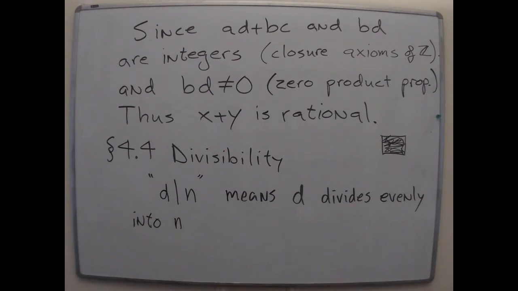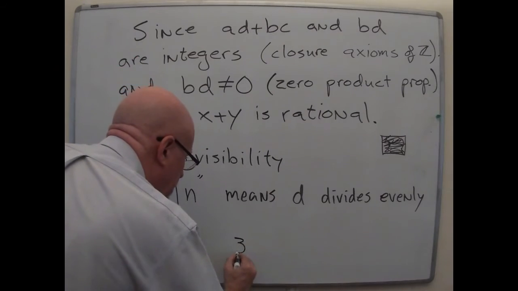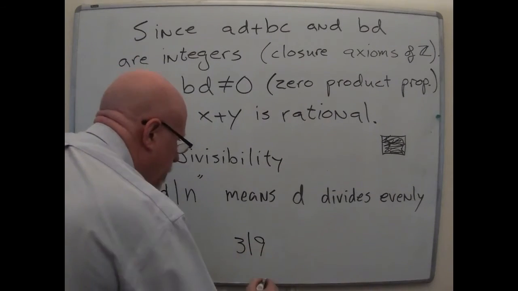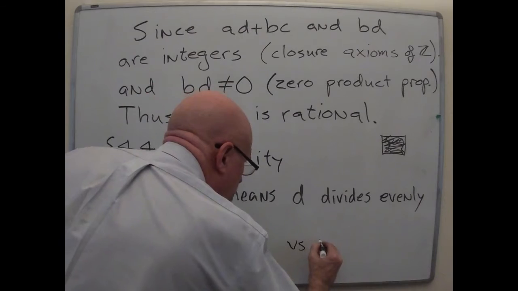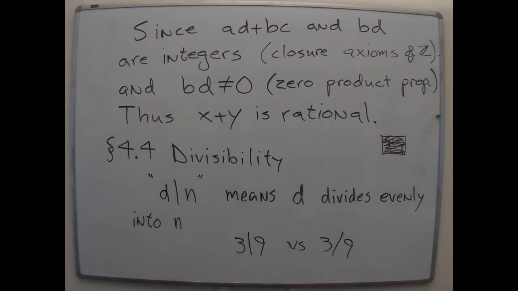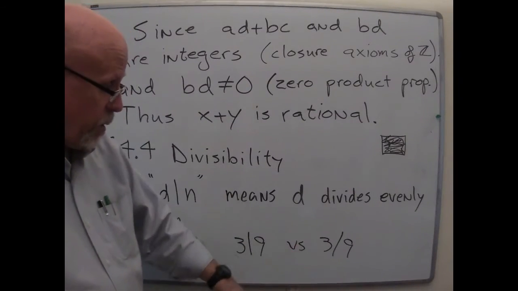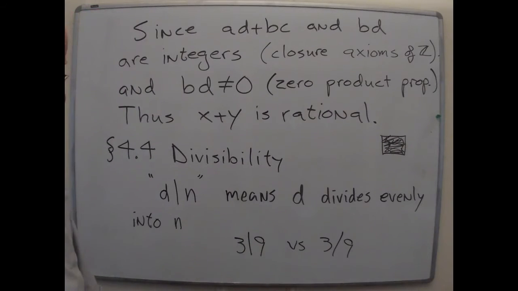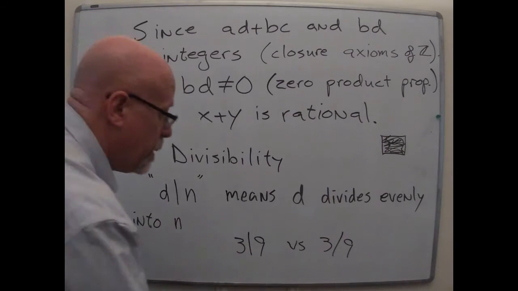Just contrast for a second what it means to say, for instance, 3 divides 9 versus 3 divided by 9. They're very different. 3 divided by 9 is a number, right? In fact, you can see they have a 3 in common between numerator and denominator. That's 1/3.